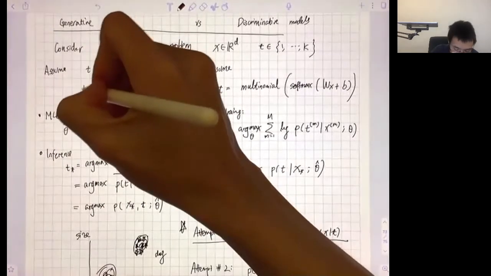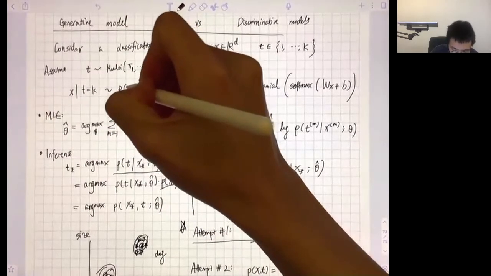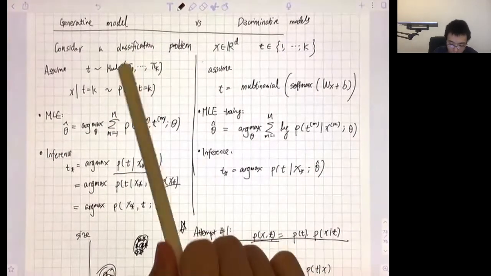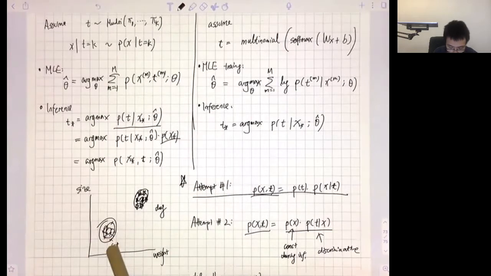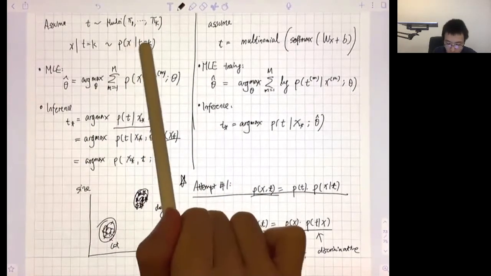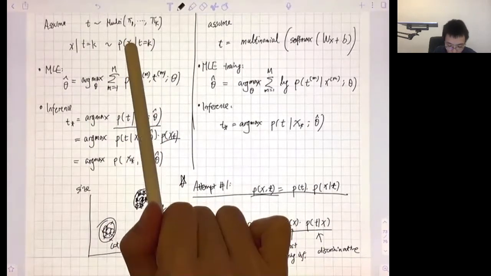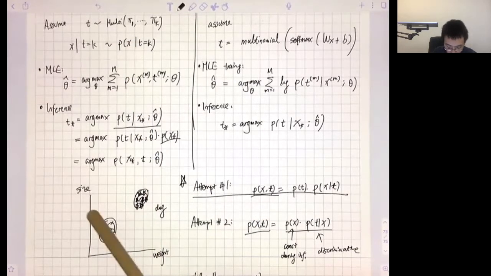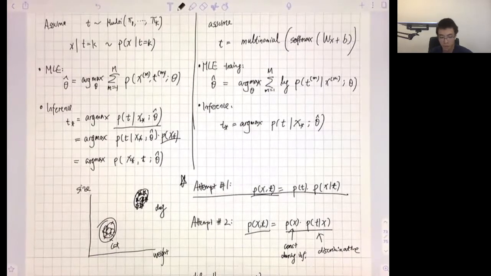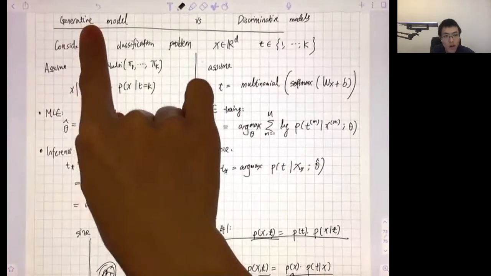And given T equals K, I have a distribution over X. For different categories, I have a different distribution. If you have a cat, I have a Gaussian here. If you have a dog, I have a Gaussian there, okay? But each of the small distributions should be simpler to model than the marginal distribution of X, which gives you a mixture of Gaussian actually. Okay. So this is the model assumption for the generative model.